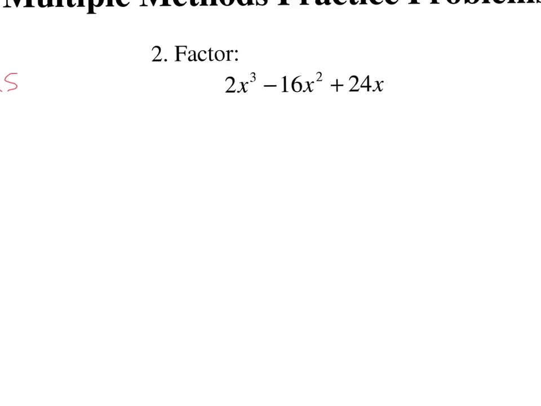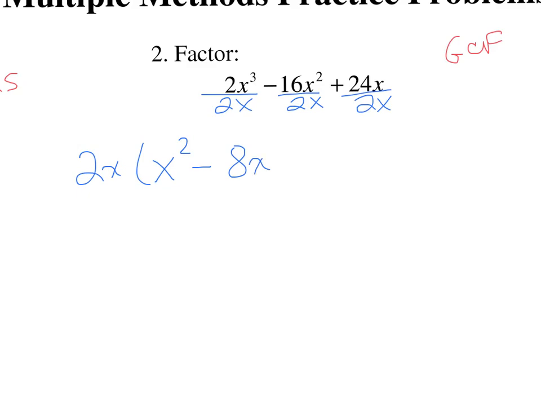Number 2. Always looking for GCF first. So all of these terms are divisible by 2, and they all have an x in common. So the GCF is 2x. Then we divide the 2x off to find out what's left. X squared minus 8x plus 12. And here we have a standard trinomial.